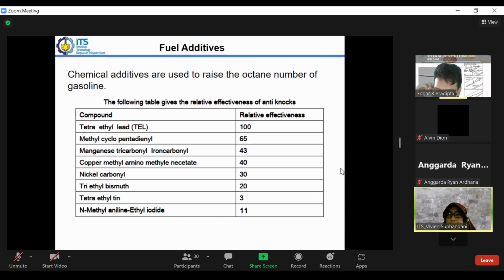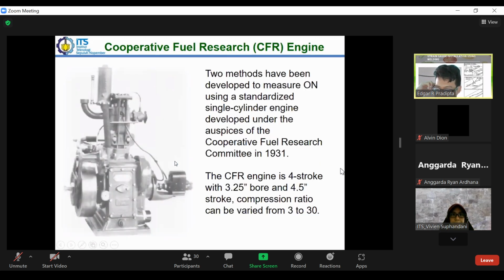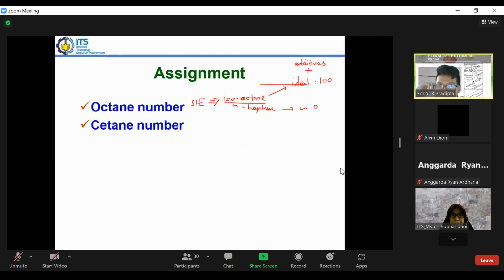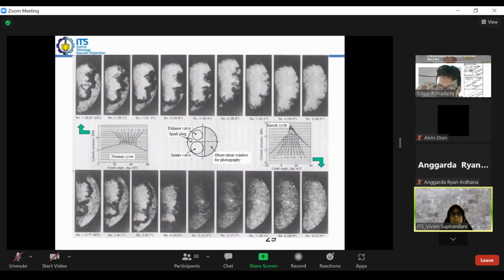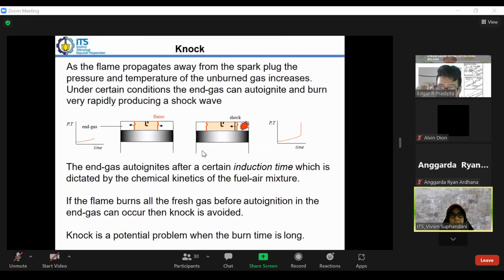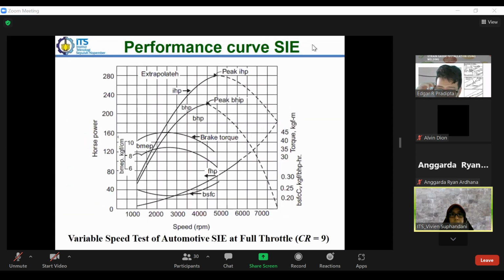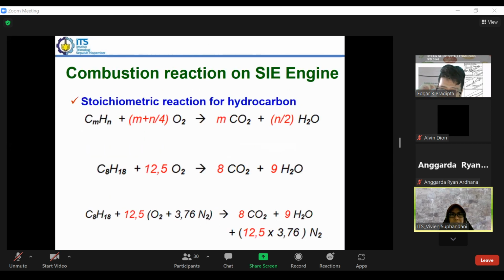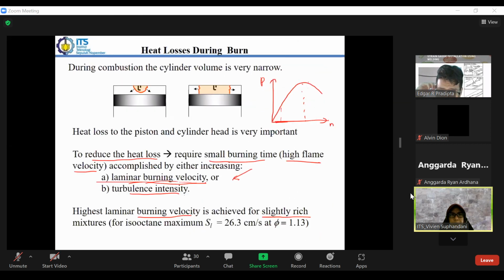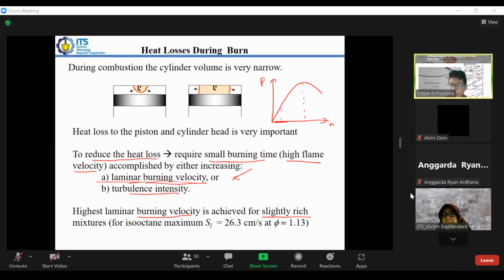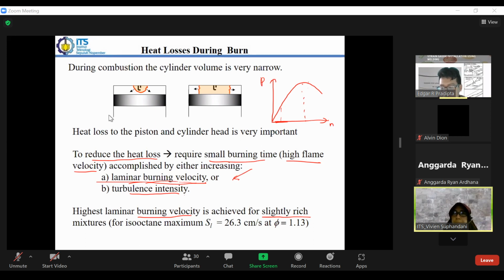About the laminar burning velocity, we can improve it with a slightly rich mixture, right, ma'am? Yes. Then how can we control the slightly rich mixture?